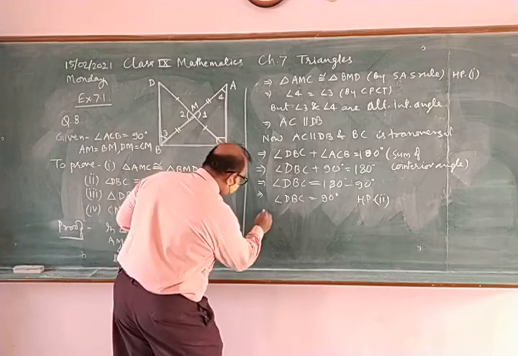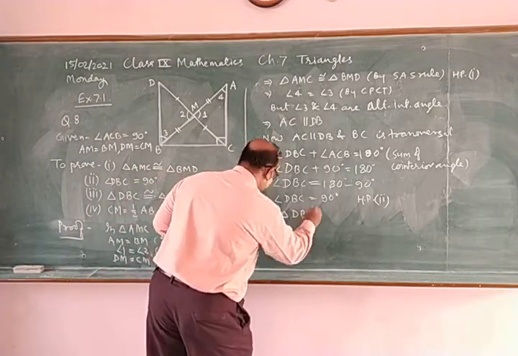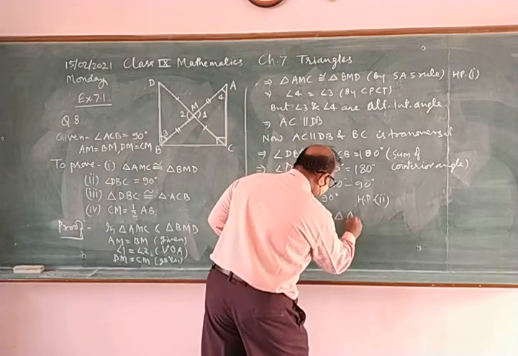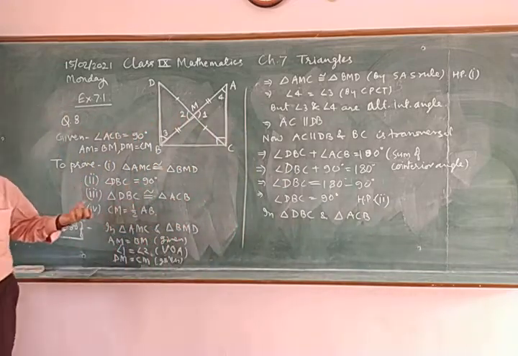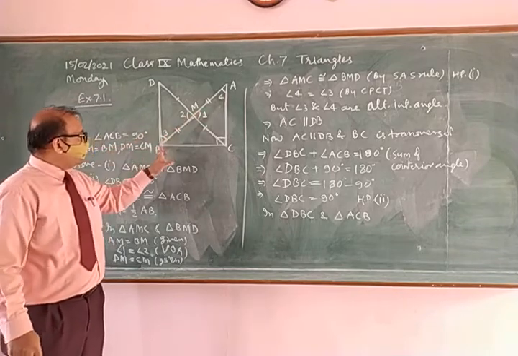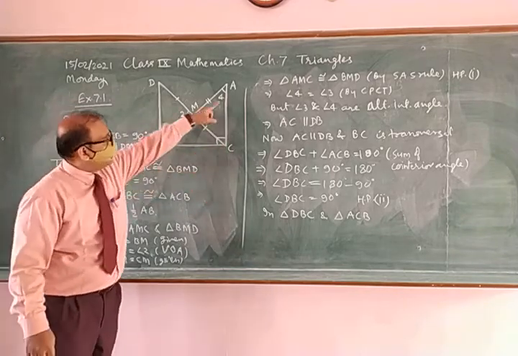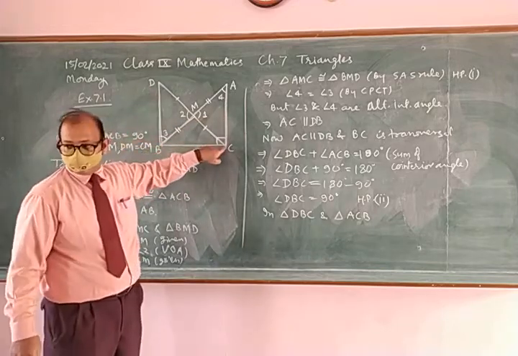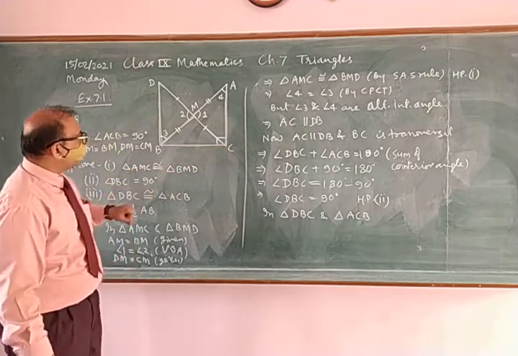Now in triangles DBC and ACB, which things are equal?